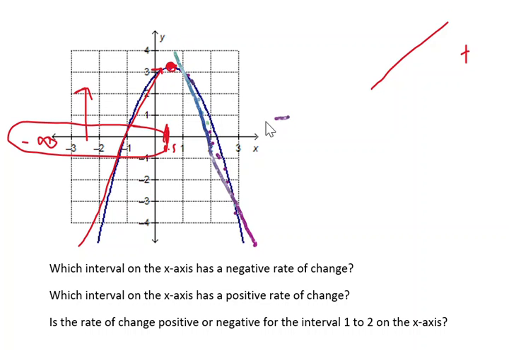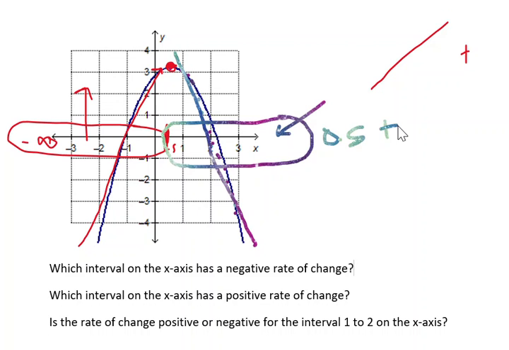And the interval we talk about would say, for what x values is that? The y values are decreasing when x is greater than 0.5. So from 0.5 to infinity, anything within that interval would represent the y values decreasing and therefore having a negative rate of change.